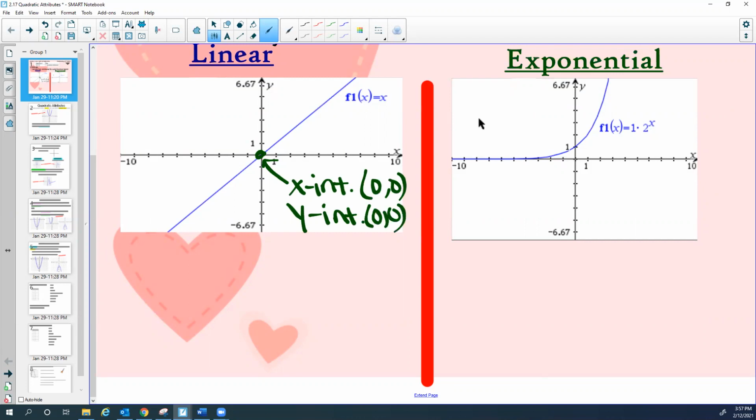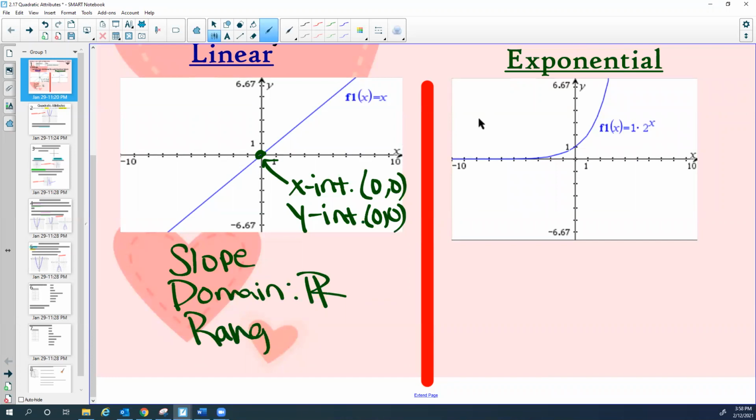This graph has a slope. I'm not 100% sure what the slope is because I don't have a bunch of points, but I know it has a slope. The domain is all real numbers. The range is all real numbers. And there's a few attributes.